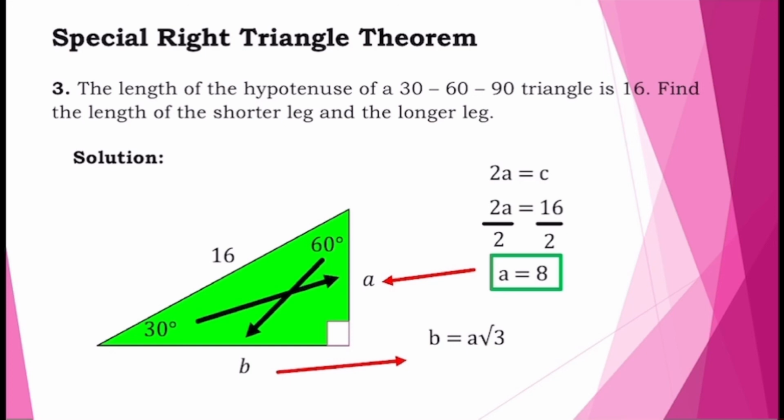Since our shorter leg is equal to 8, we substitute the value of A. So we have B is equal to 8 square root of 3. You need to remember that the opposite side of the 30 degrees angle is the shorter leg, and the opposite side of the 60 degrees angle is the longer leg.